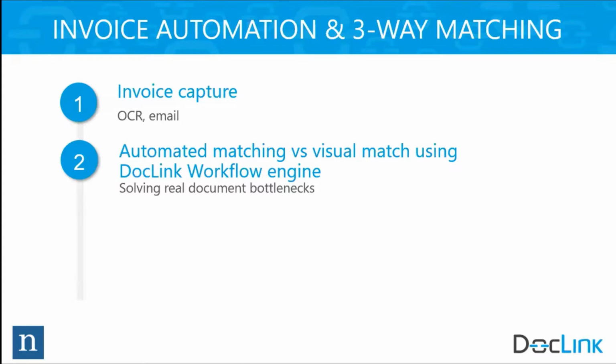Most people get super excited about the invoice automation side of it. So now our invoice has arrived. Most people tell me that they get 1% in email and 1% on hard copy. So emails can be monitored by OCR. If you're getting a percentage of your invoices in via hard copy, no worries.